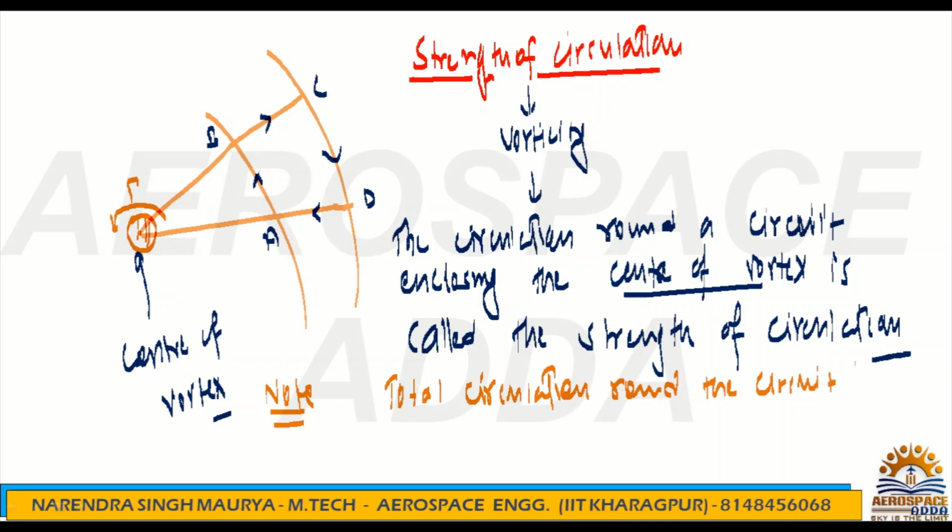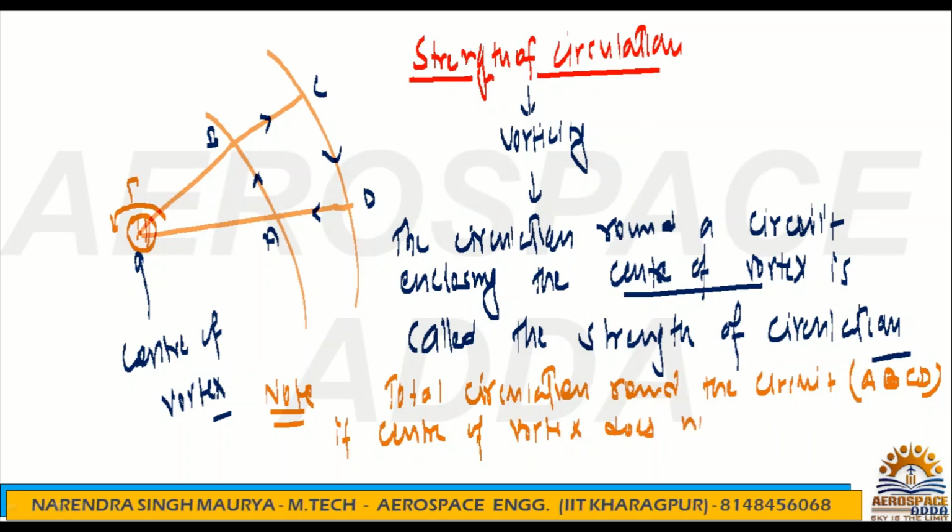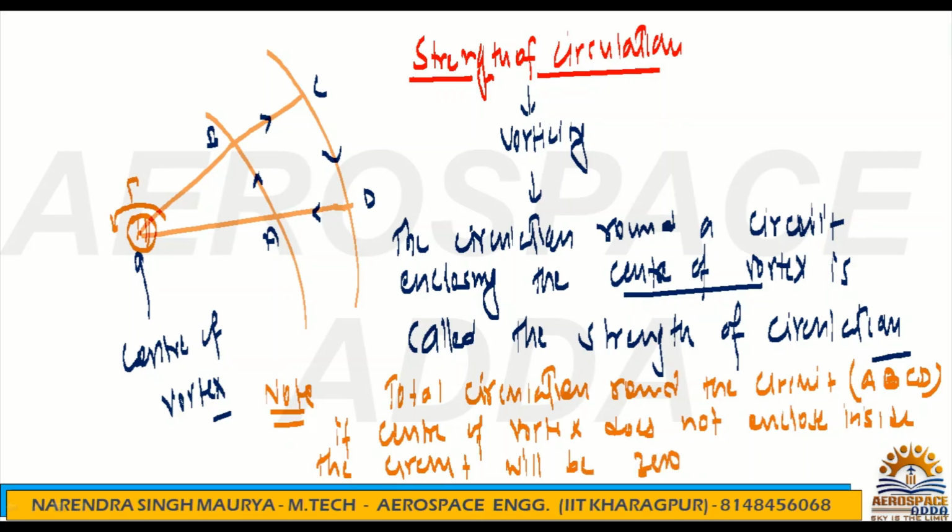Total circulation round the circuit ABCD, if the center of vortex does not enclose inside the circuit, then the total circulation round the circuit ABCD will be 0.